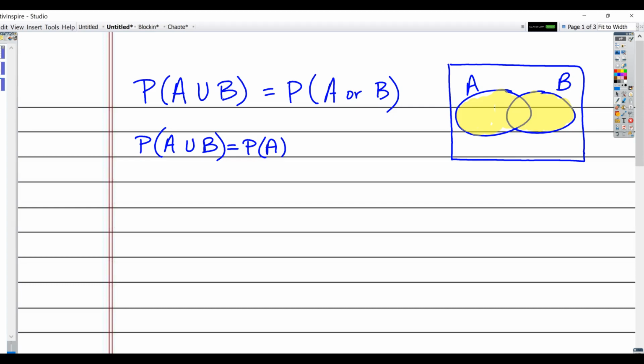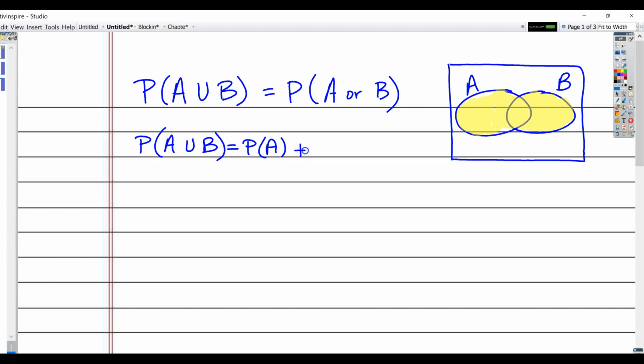A or B would be adding. I know this is the silliest little thing, but a student of mine said this is how I remember it: or means addition. You add. Students cannot remember it. I know, or addition is kind of strange, so just remember it.